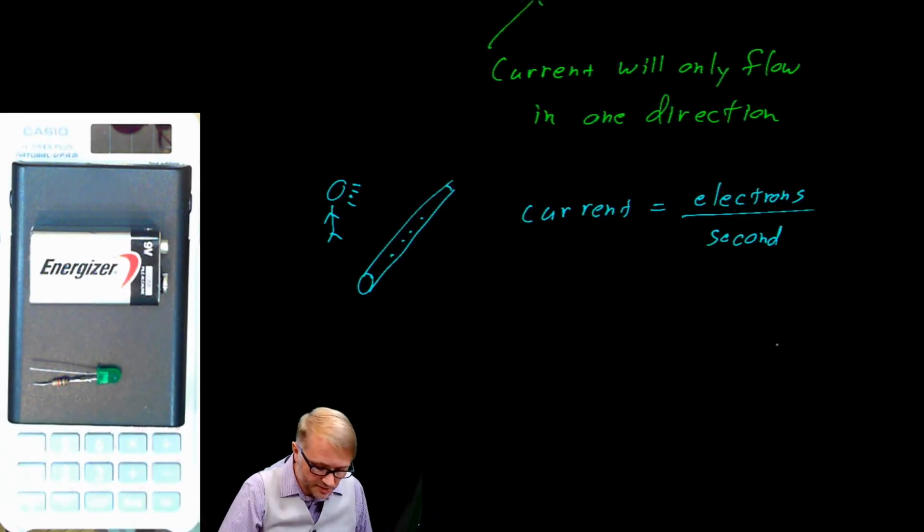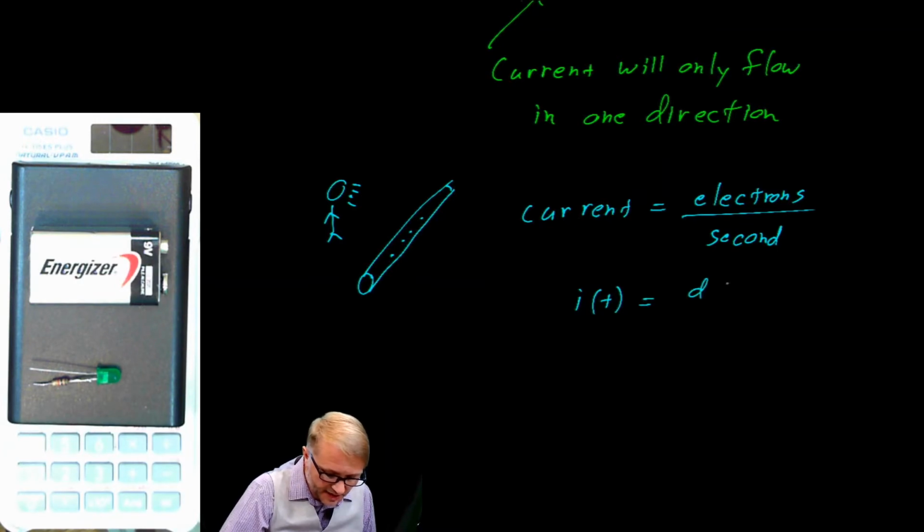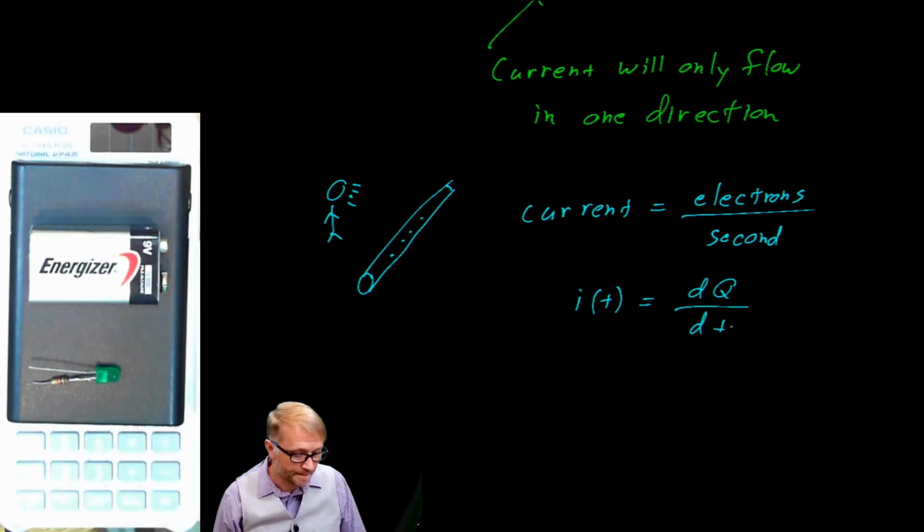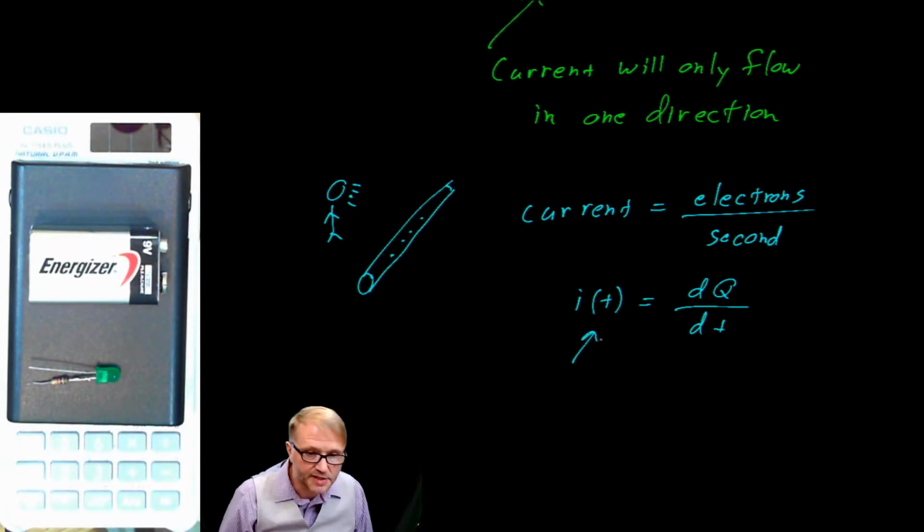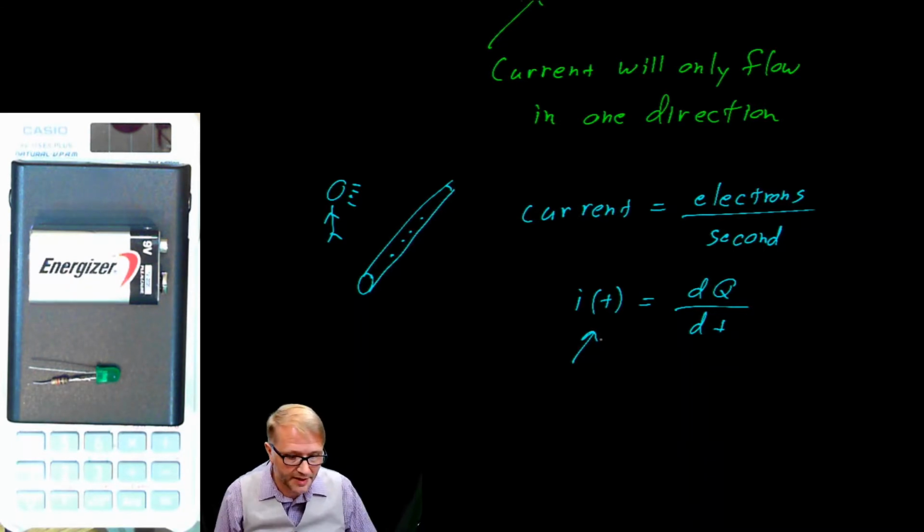Or if you wanted to use calculus, you could say that i of t is dq, which is the charge, again the number of electrons, per unit time. Some interesting implications here. That means that current can change as a function of time, which we'll get into momentarily.